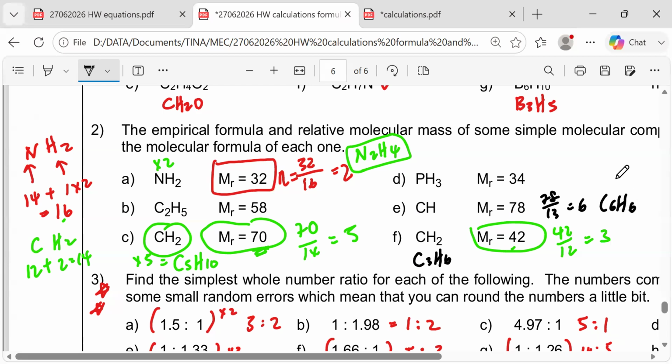Okay. Phosphorus is 31. Hydrogen is 1 times 3. So you get 34. So this one, the formula is the same because n equals 1. Okay, and this last one, n equals 2. So it's C4H10. Easy, right?